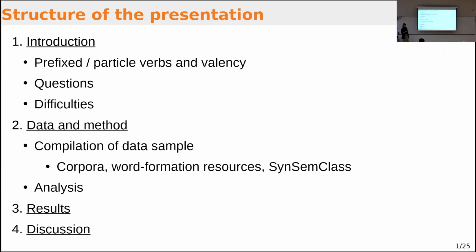And then what are the difficulties in trying to address these questions in a data-based way and cross-linguistically. Then I will talk about the experiment. So I will introduce the data and method, first the compilation of the data sample using these data resources, and then the analysis, and then describe the results and discuss them, as well as the method more generally and its limitations.